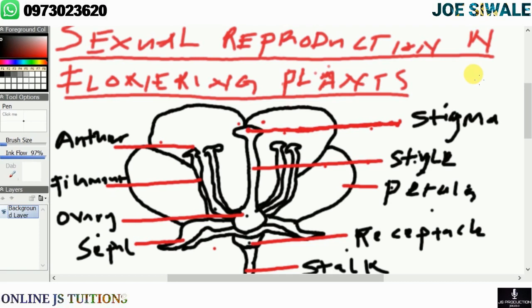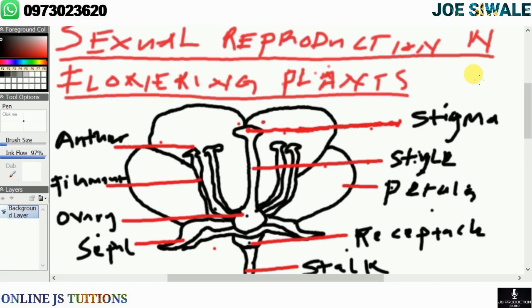So the function of the stalk is to attach the flower to the branch. Then the function of the receptacle is to support all the parts of the flower. The function of the sepal is to protect the flower when it is still young, when it is still a bud.